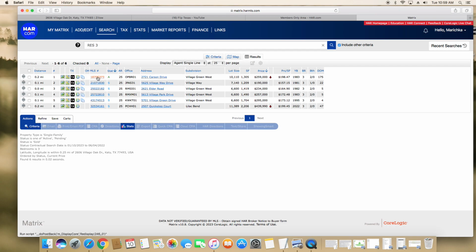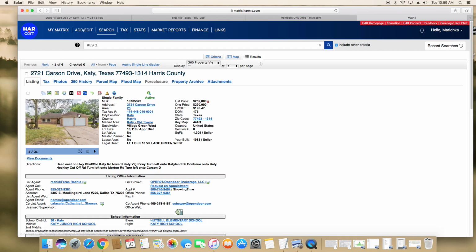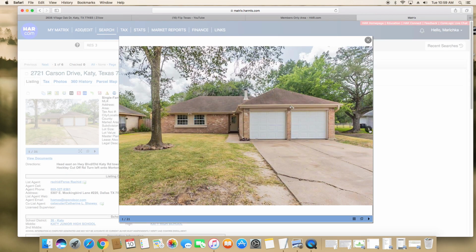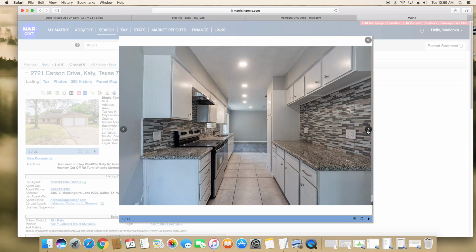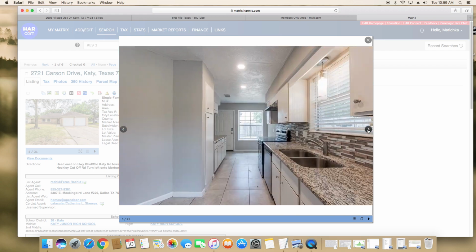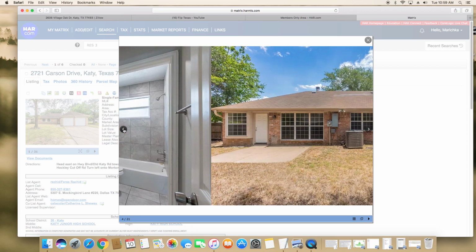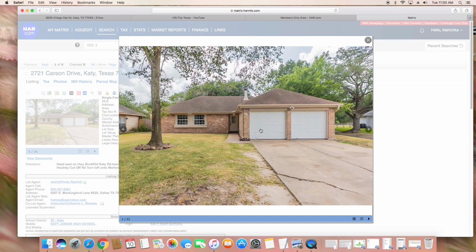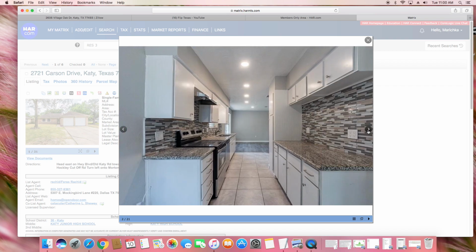What else do we have? We have an active here that's a lot smaller than ours for 259. Let's look at this. So what do we notice in these pictures here? The first thing that I noticed is the driveway's cracked. I can tell you right now, this roof needs to be replaced.